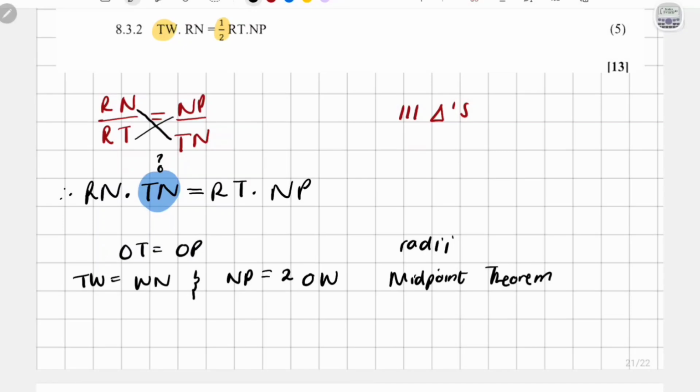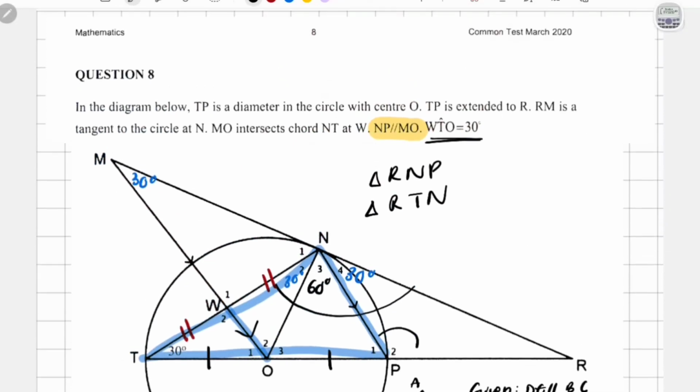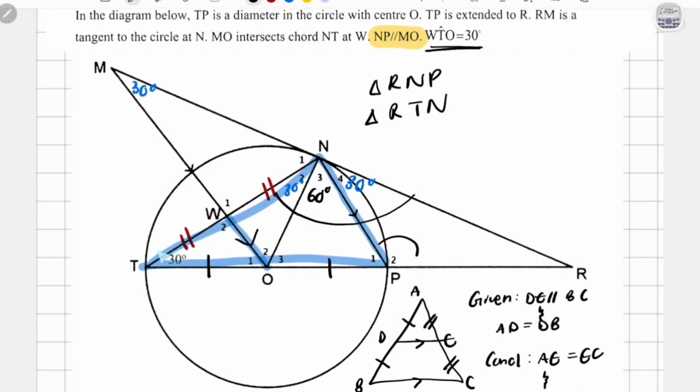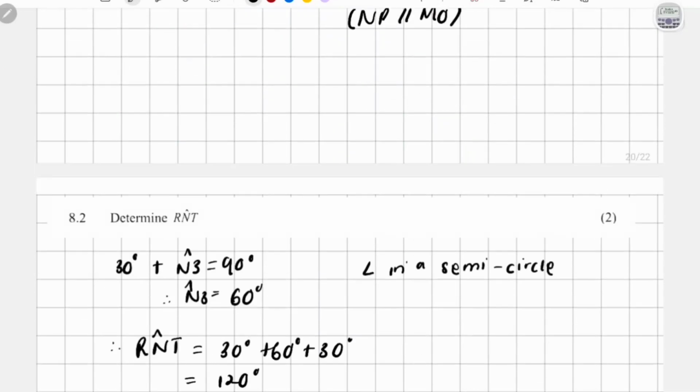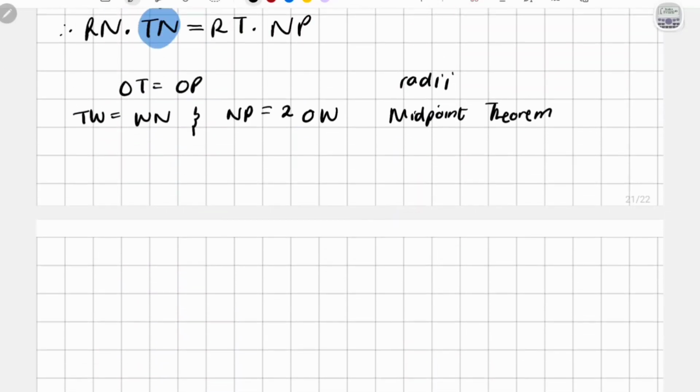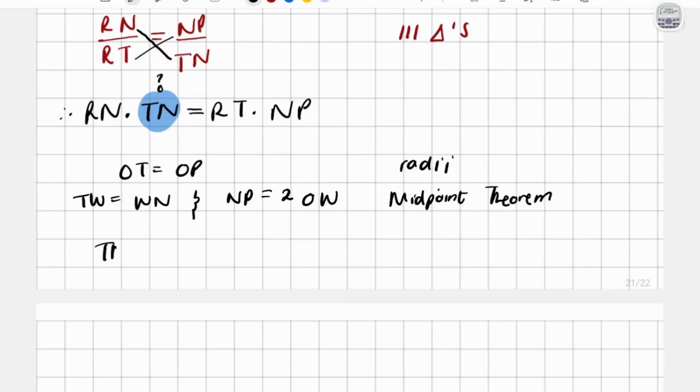Do you notice now that TN, that full length of TN, is made up of WT and WN? That's a very important thing to point out. So look at what I'm going to say here. I'm saying that TN is equal to WT or TW and WN.